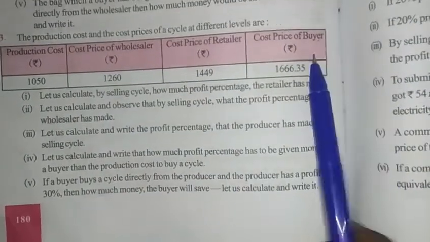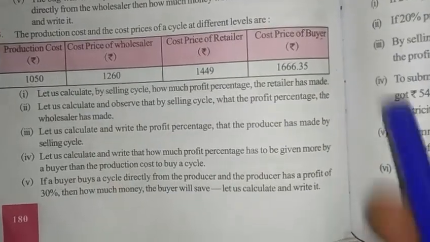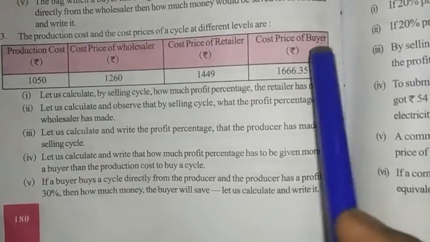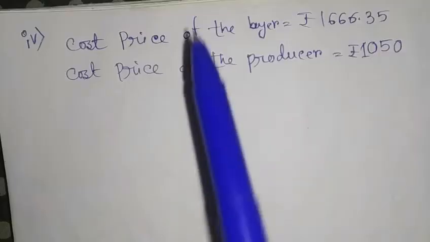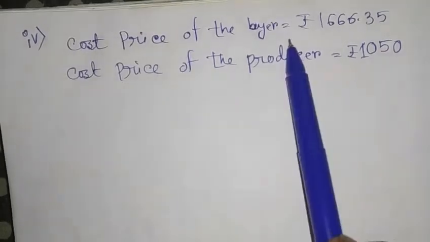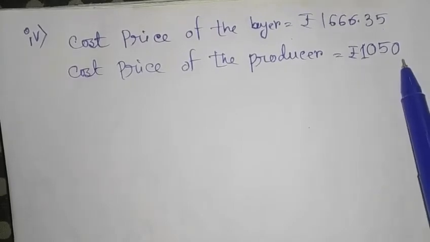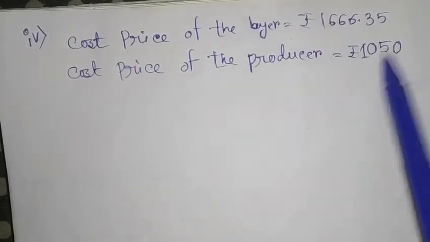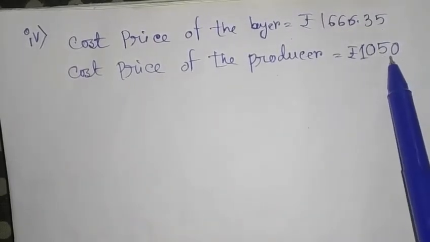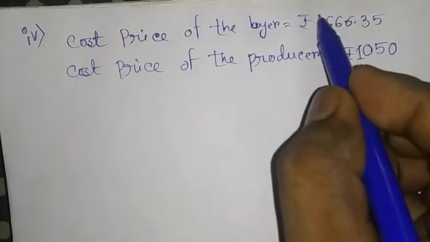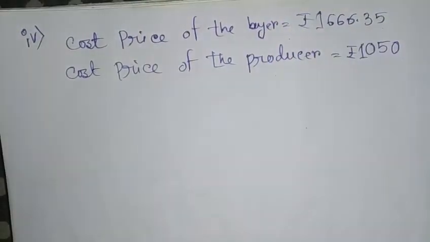So we need to find that percentage which he give more. Okay, so first we will subtract this. Now look, cost price of the buyer is this and the cost price for the producer is this. Definitely it's clear that the buyer paid more than the producer, the cost price of the producer.